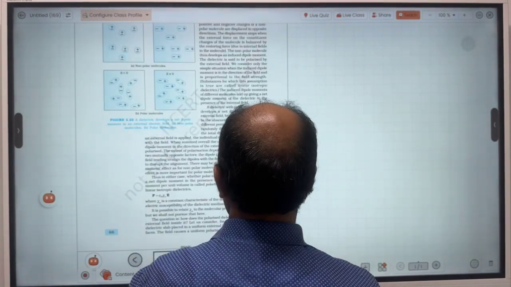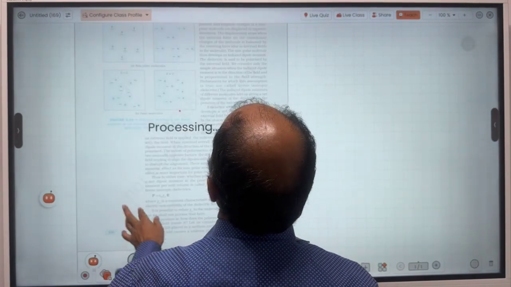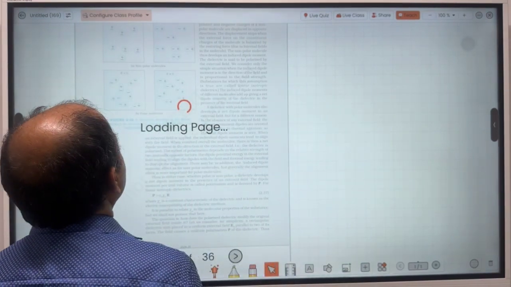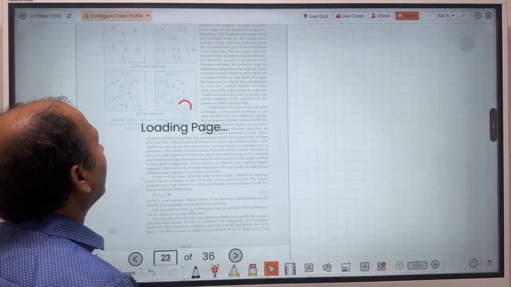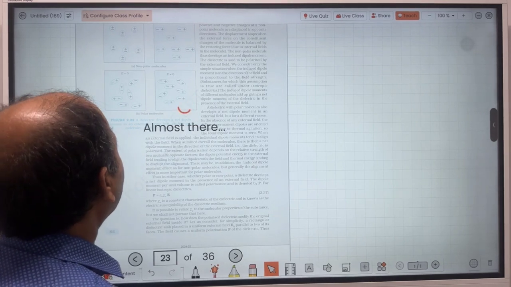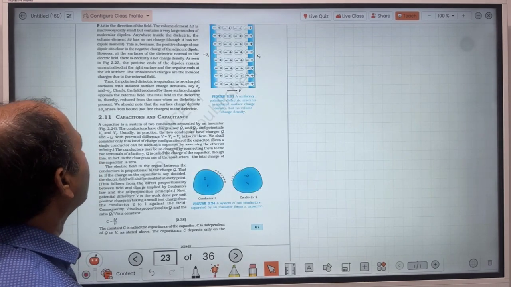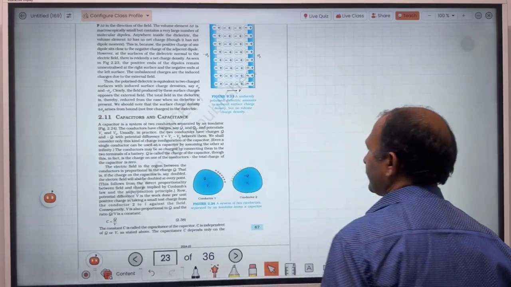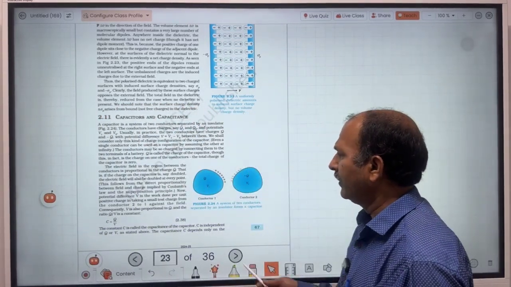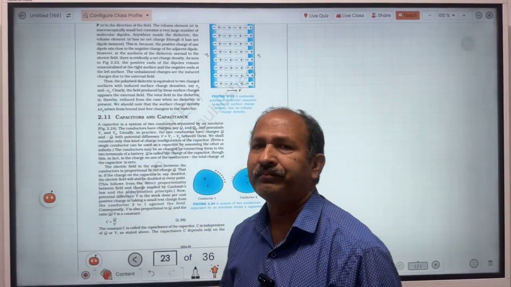Then after that there is capacitance and its different types of combinations, like parallel and series combinations. Then we will study energy stored and energy loss in sharing, and that will be the end of the chapter.